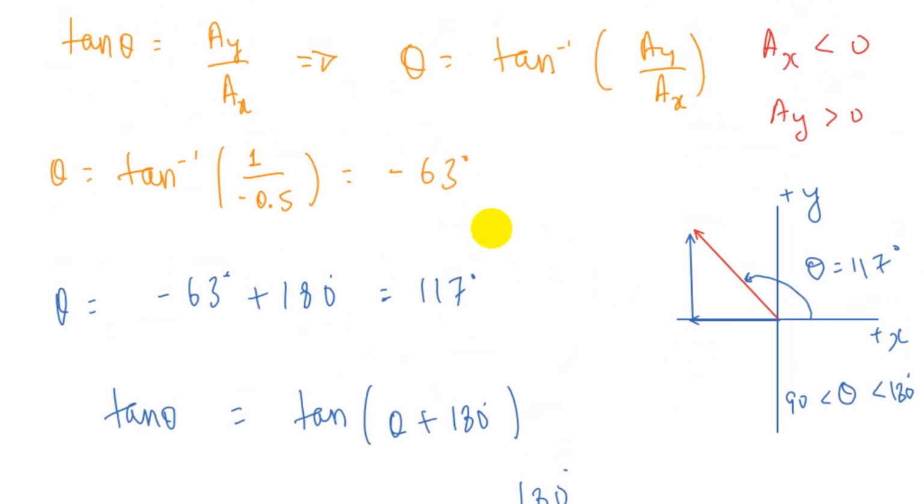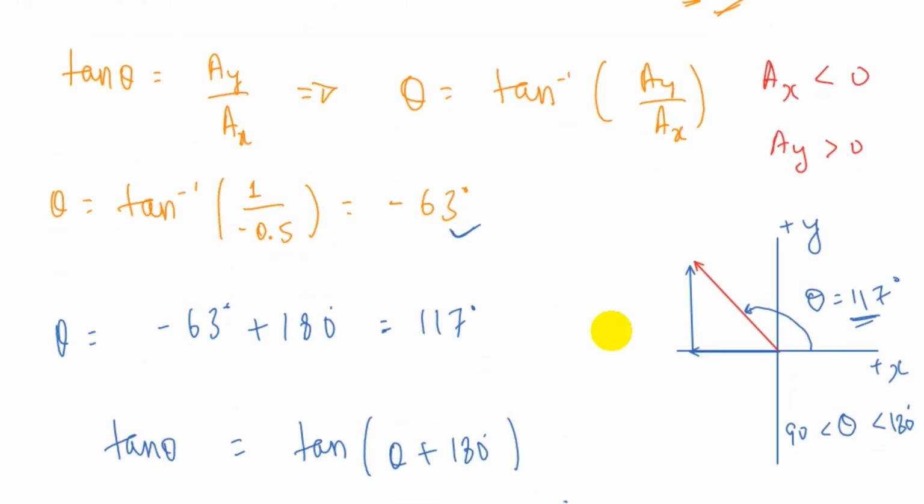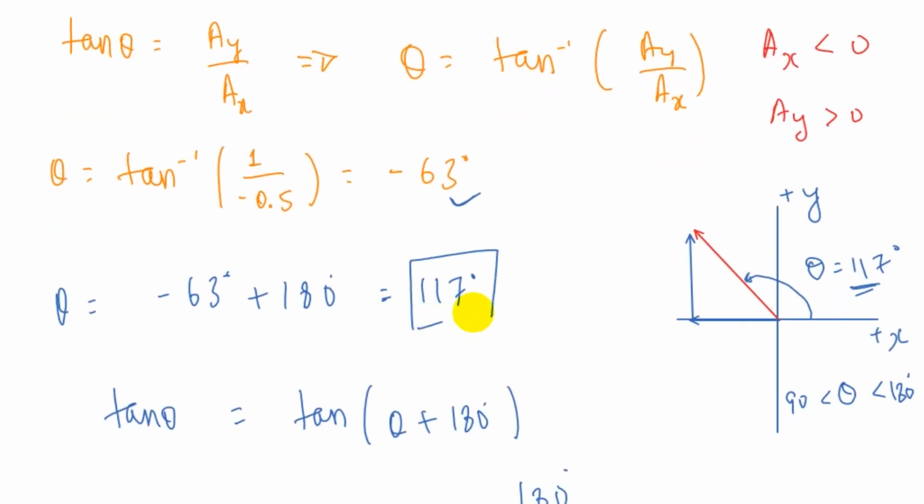So if you use the calculator, you will get this answer, because the calculator does not know which answer is appropriate for your situation. In our situation, the appropriate answer is 117 degrees. So you have to make your own decision whether to add 180 degrees or not. This is the common mistake that people make. This is the correct answer.